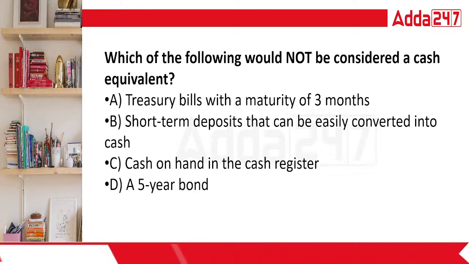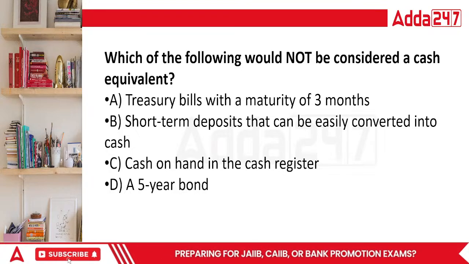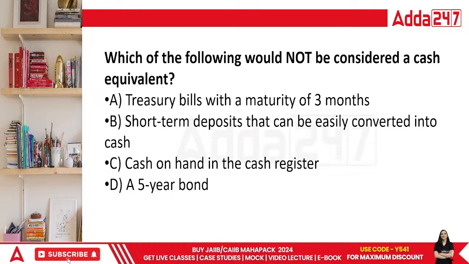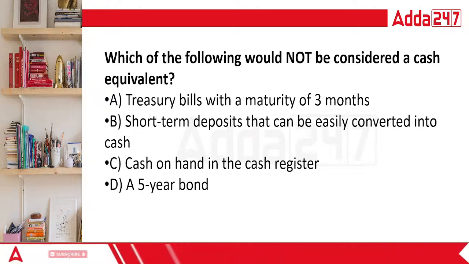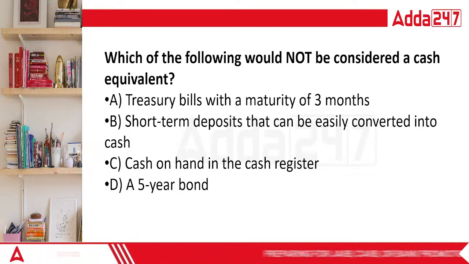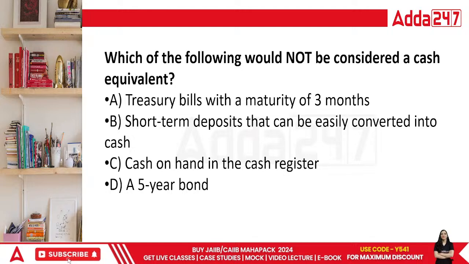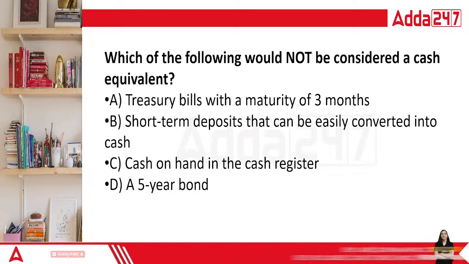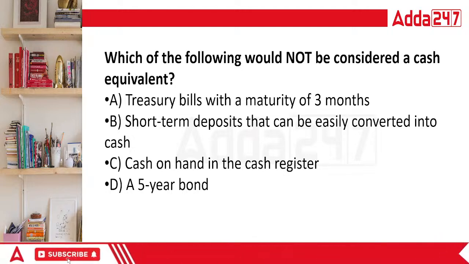Anything that can be converted into cash within no time is covered under the cash and cash equivalents, everyone. For example, bank balance or marketable securities, the securities which you hold for less than 3 months. Something which can be easily converted into cash.